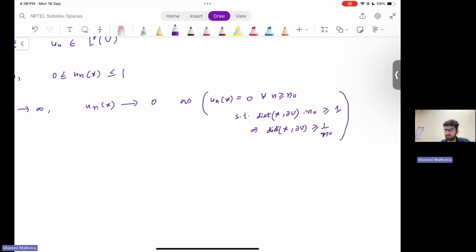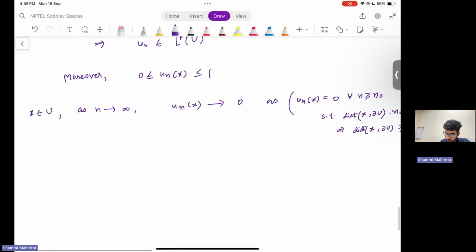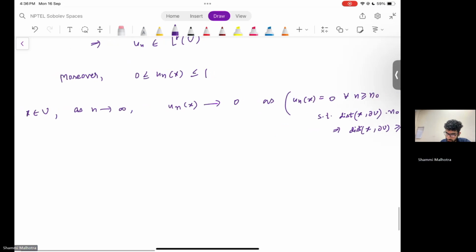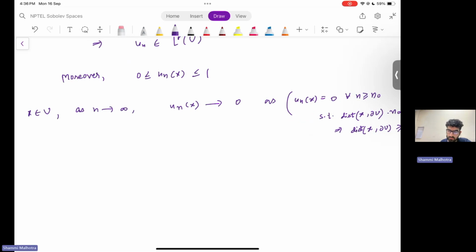Since distance is positive, I can find some n naught in a way such that this is greater than 1 by n naught. And once that is the case, we have this thing. And since that holds, we have this converges to 0 pointwise, almost everywhere.